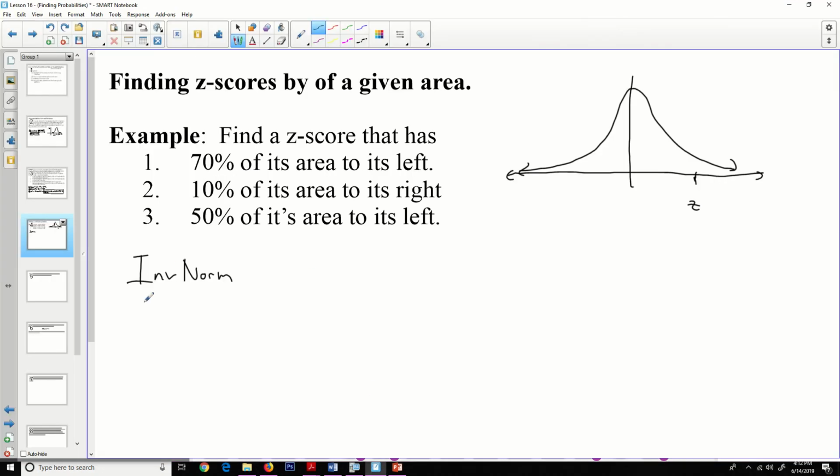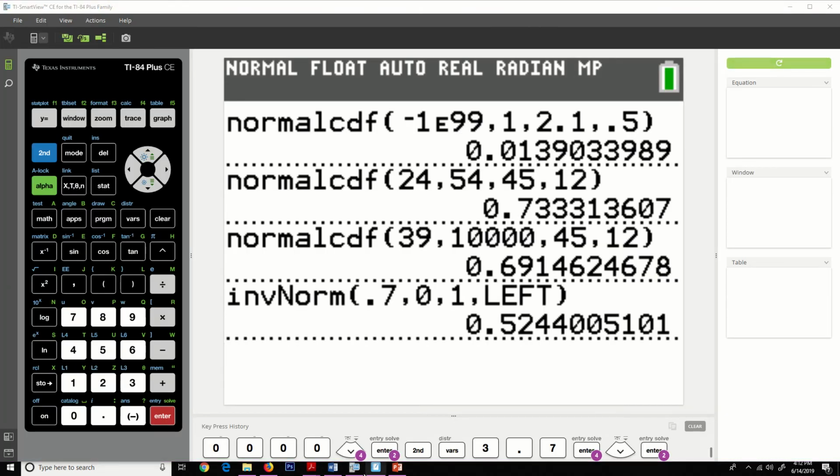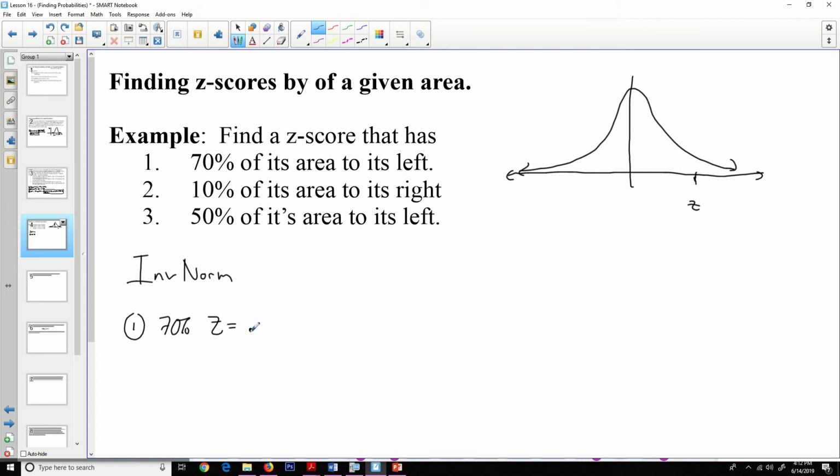So for number one, 70% gives us a z equal to 0.5244, just over half a standard deviation away from the mean.